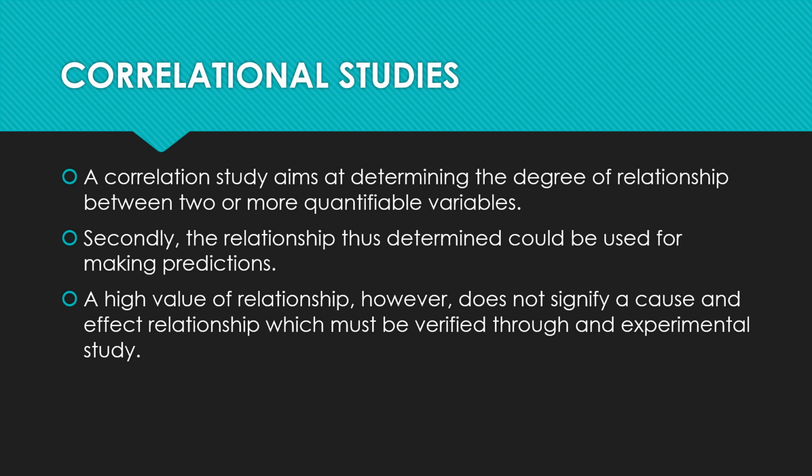And secondly, we can use this relationship to make predictions. However, a high value of relationship does not signify a cause and effect relationship, which must be verified through an experimental study. So this will be a basis before we go for experimental studies.